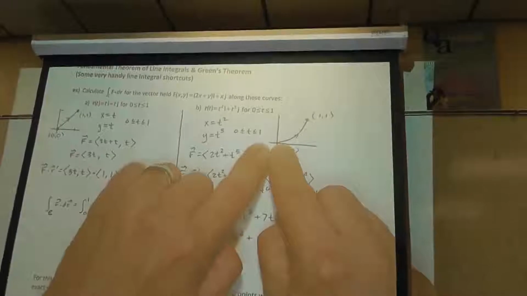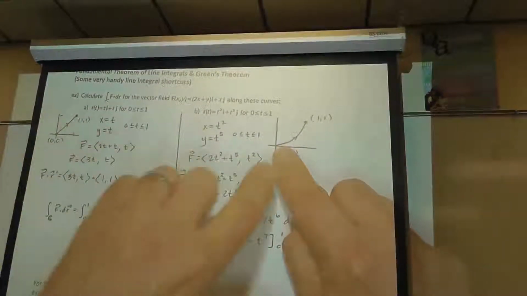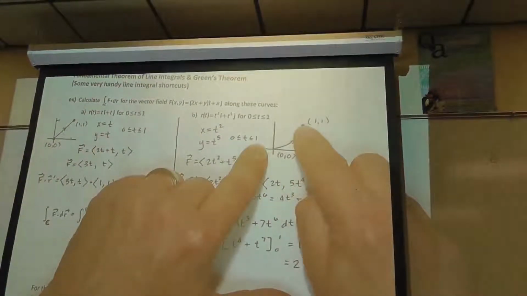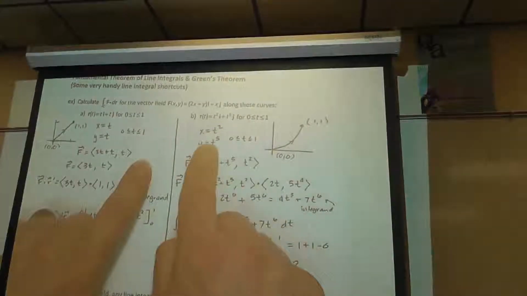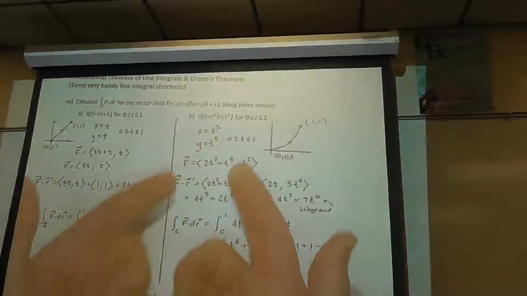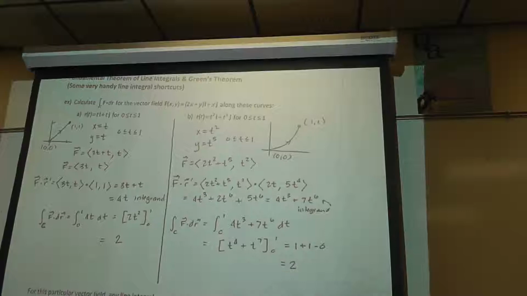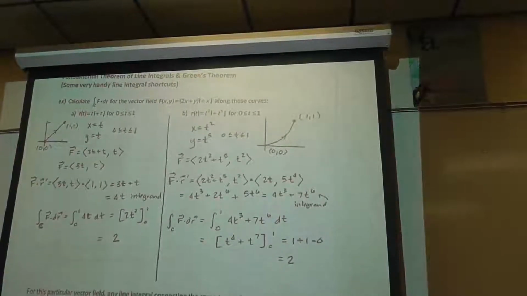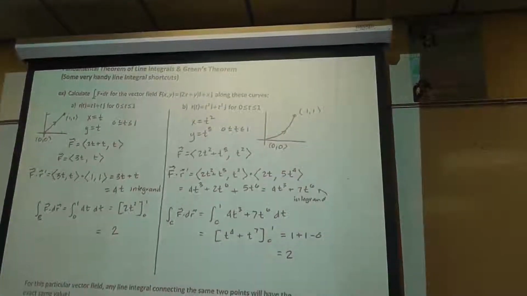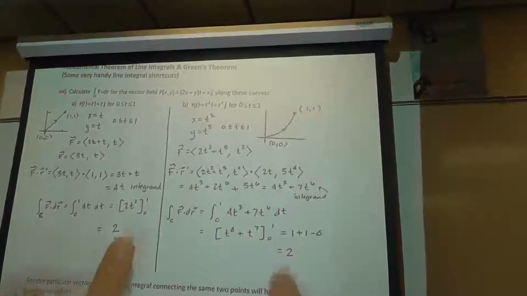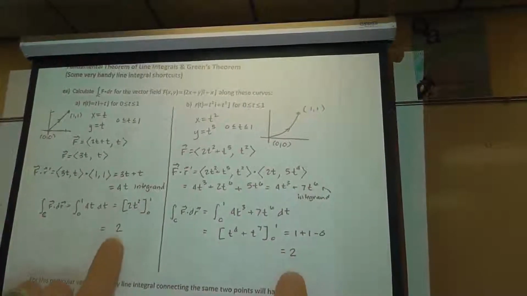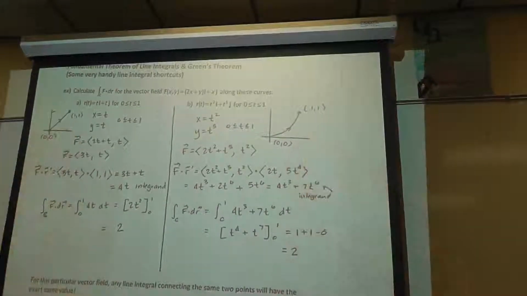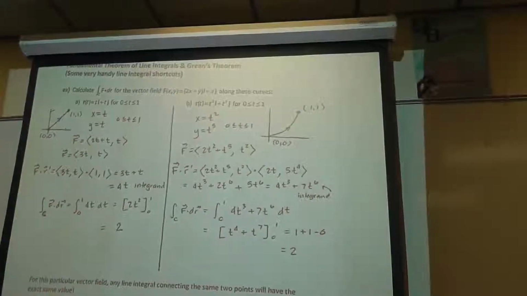If I started at the origin and went in any path, if I took a spiral path that allowed me to go right here, and I had parametric equations for that path and t values, then I calculated the F dot dr integral, it's always going to be 2, so long as the end point and the beginning point are still the same points. So no matter what path you take, you're always going to get 2 as the F dot dr line integral value connecting those two points for this particular vector field.